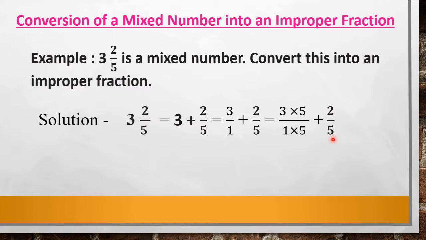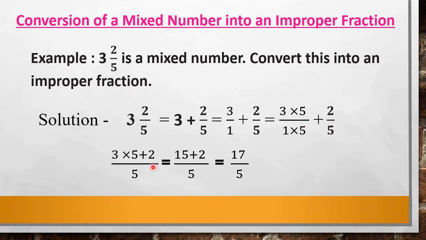When two fractions having same denominator are added, we can simply add numerator over a common denominator. So, 3 multiplied by 5 plus 2 upon 5. We know that 3 5s are 15 plus 2 upon 5. So, you will get 17 upon 5. Like this, you will do conversion of a mixed number into an improper fraction.